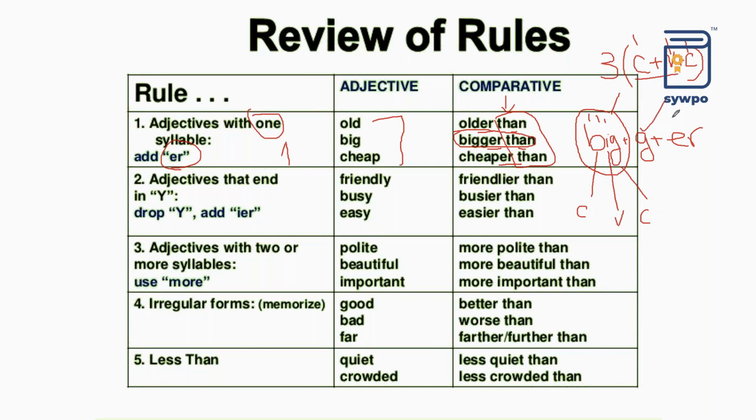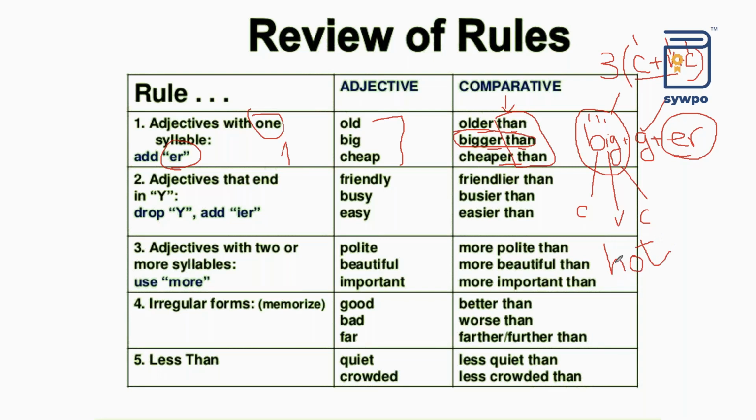Then the consonant, you have to repeat it. You have to write it one more time, and then you add ER to make it comparative. The big becomes bigger with double G. Okay, I will write one more for you. For example, hot. This is also an adjective.